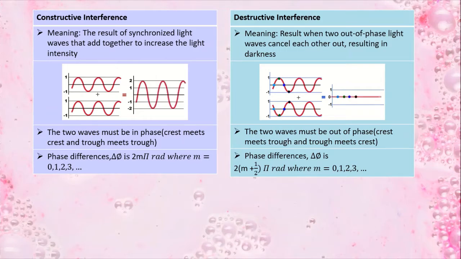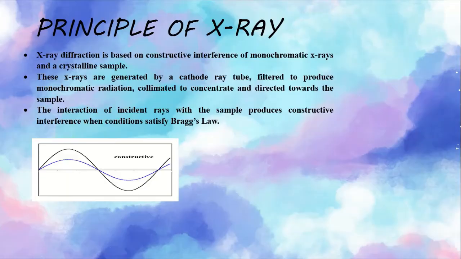Destructive interference results in darkness when 2 out of phase light waves cancel each other out, where the 2 waves must be out of phase. You can look at the graph of both interferences to understand waves in phase and out of phase. So you must wonder which type of interference X-ray uses.